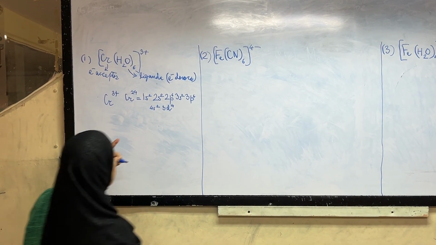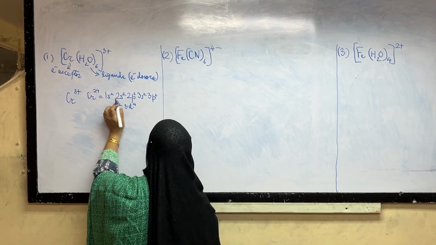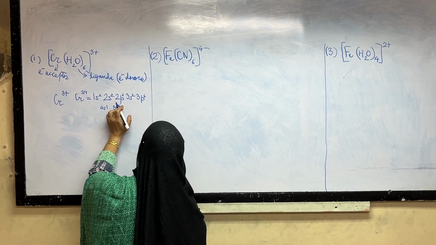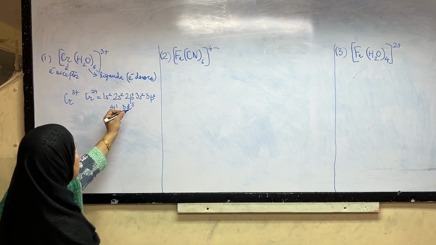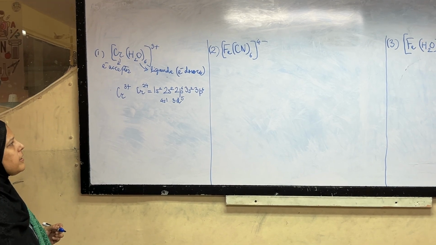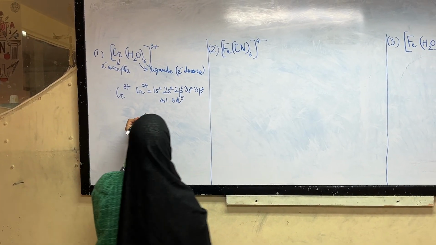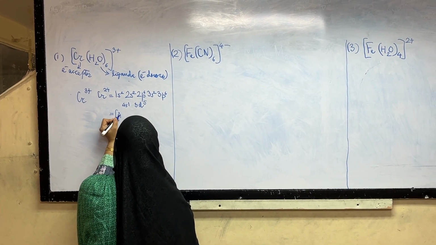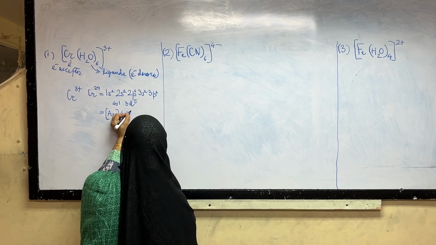Now here 4s2 3d4 is less stable than 4s1 3d5, because in 4s1 3d5 the d orbitals are half full. So this is the preferred configuration. So I can write this also as argon 4s1 3d5.